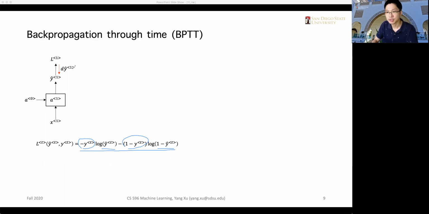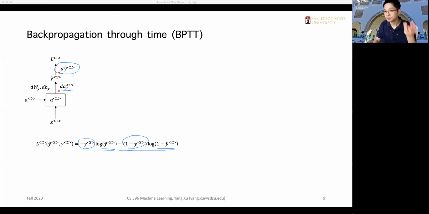So given the loss, we can compute the gradients for y hat 1, right? The gradients are backpropagated to the gradients for A1, because A1 is used to compute y hat 1. Remember the forward pass formula, we use Wy times A1 to compute y hat. Now that we have the gradients for y hat, we can compute the gradients for A1.